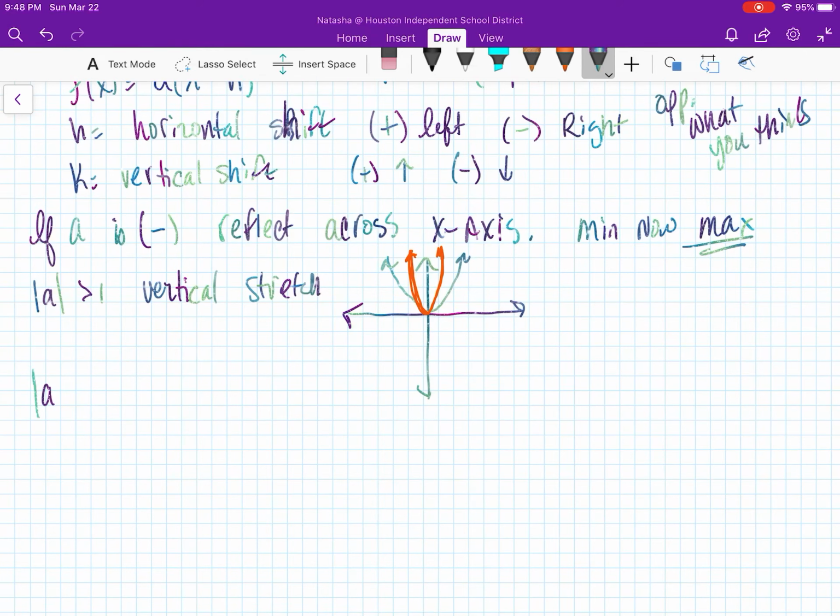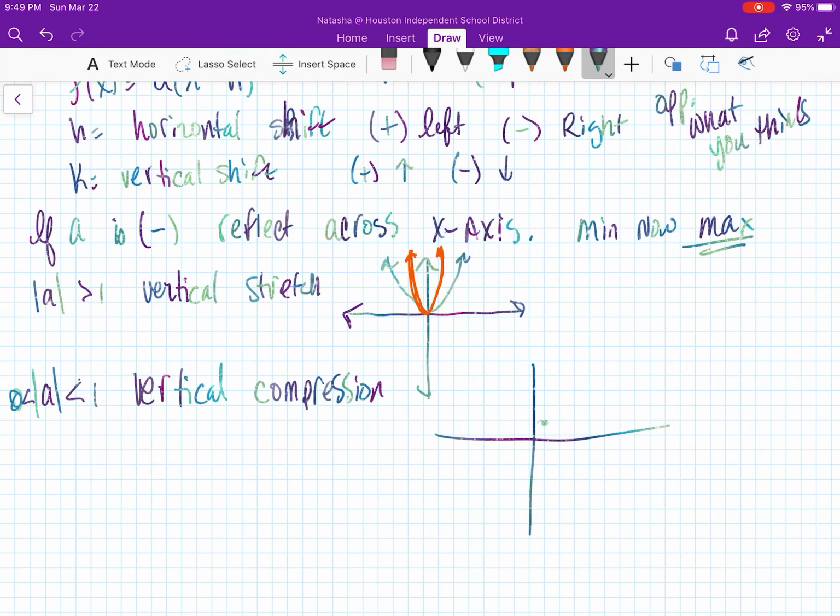But if the absolute value of a is between 0 and 1, then it represents a vertical compression. So if I were to graph this, I'm going to have my parent function, really bad parent function, but that's okay.